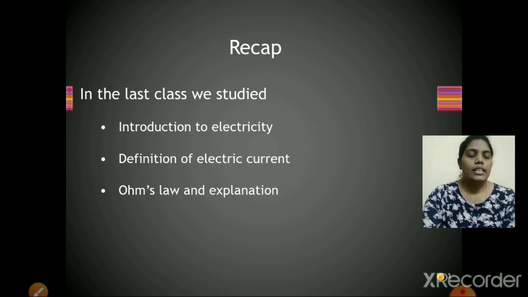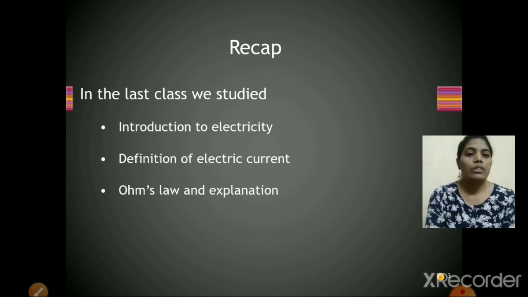It is expressed in amperes, which is the SI unit of electric current. The flow of electrons is because of potential difference across the conductor.